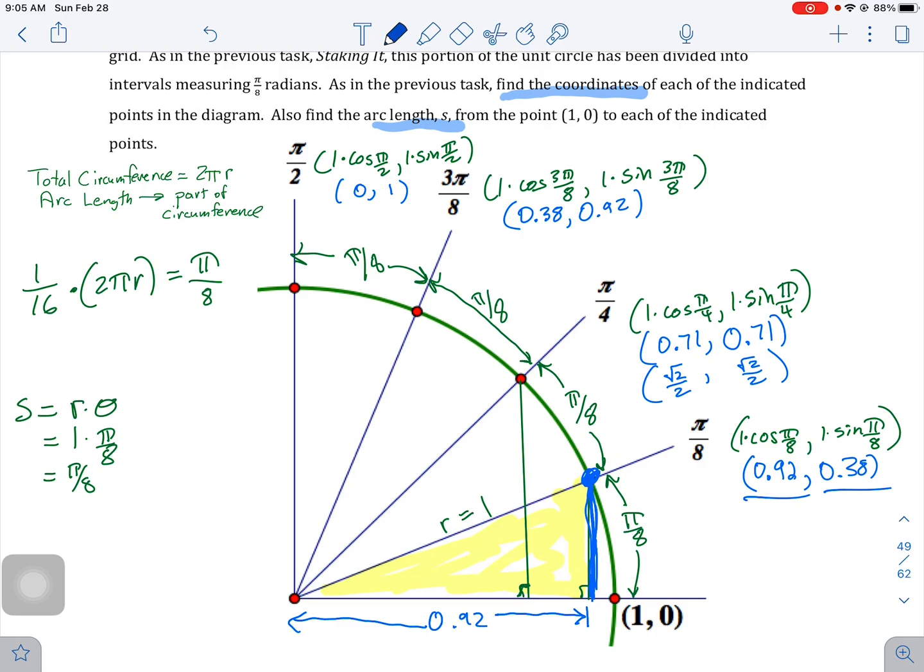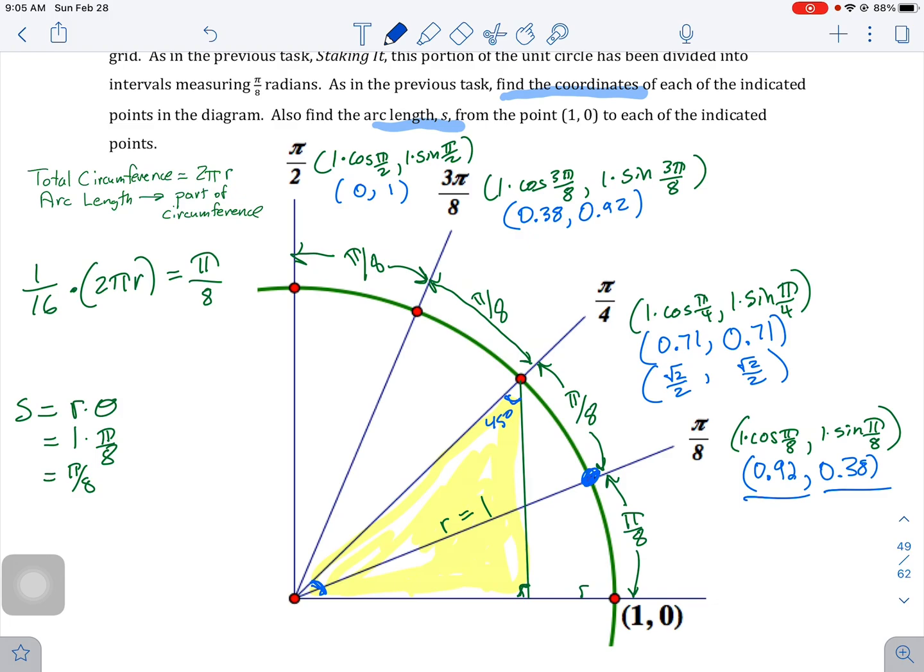Now, let's look at another one here. I'm going to just remove this so we're not distracted by that. There we go. What about pi over 4 radians? And so this would be this particular triangle here. Not only is it a right triangle, but it is also an isosceles right triangle because we can see that this angle and this angle are going to be congruent.